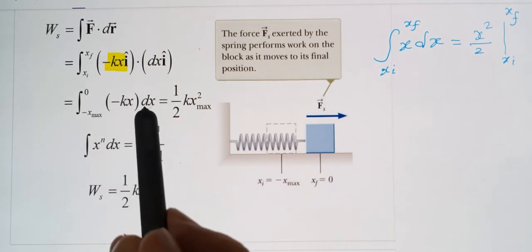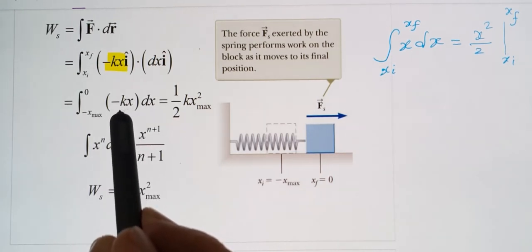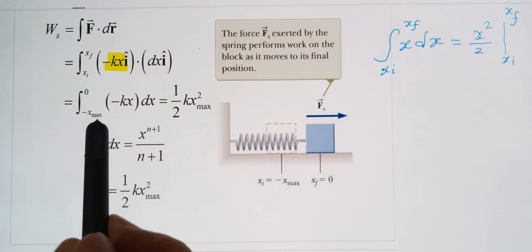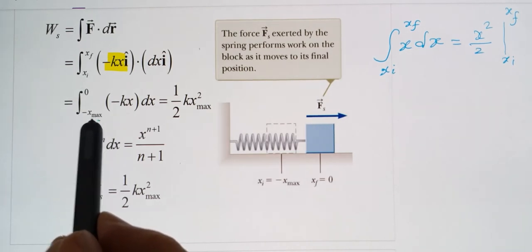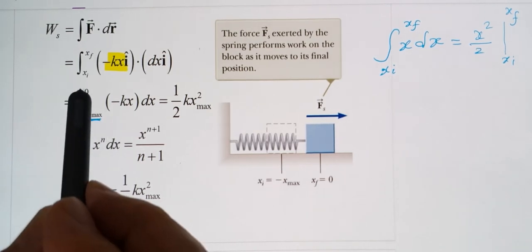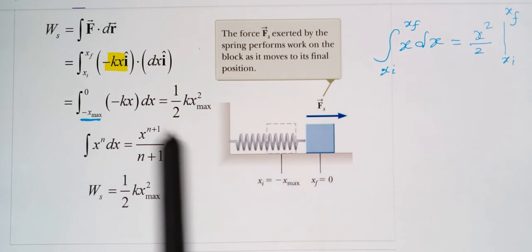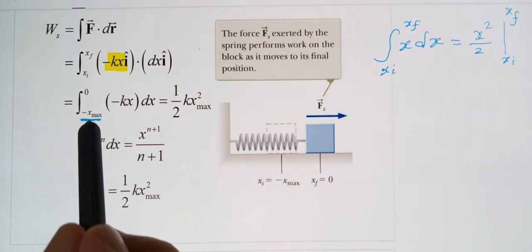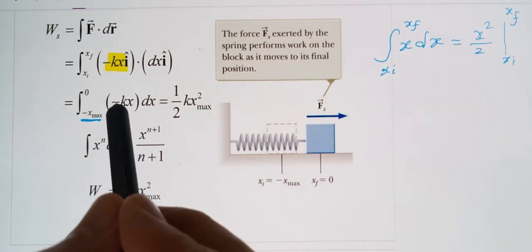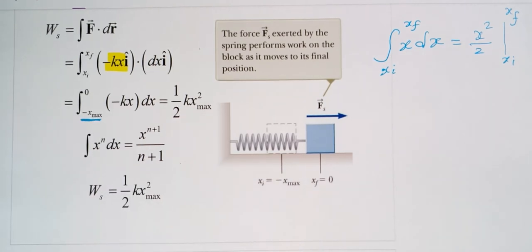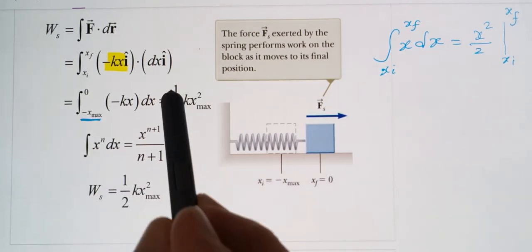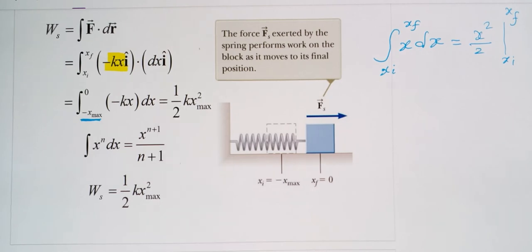Where is the minus sign? Here it's from minus x maximum to 0, so minus and minus become positive, and we end up with half kx squared.